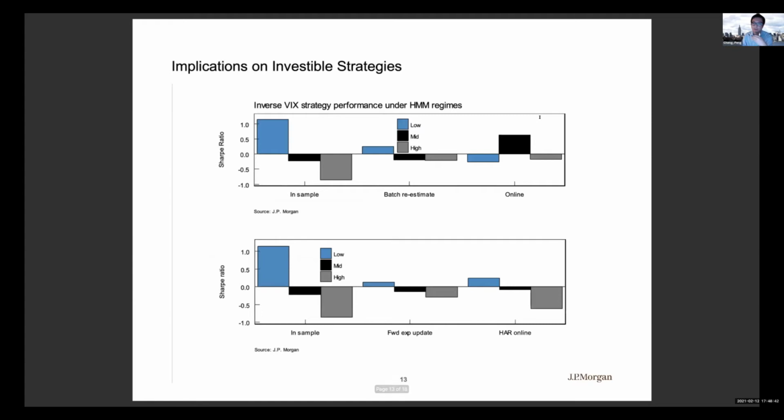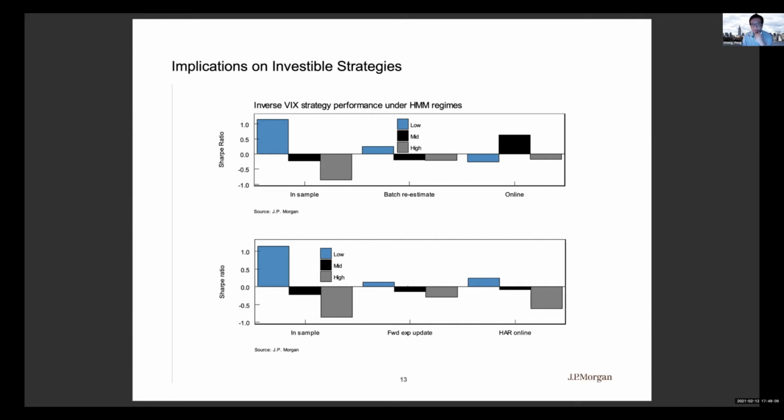But if we apply it to investable strategies, actually what we find is that it does make a difference. So the upper chart is what you've seen using batch re-estimates without any kind of forecast or forward-looking information. The bottom row are basically the same VIX futures strategy, but using regime classification estimated by HAR.